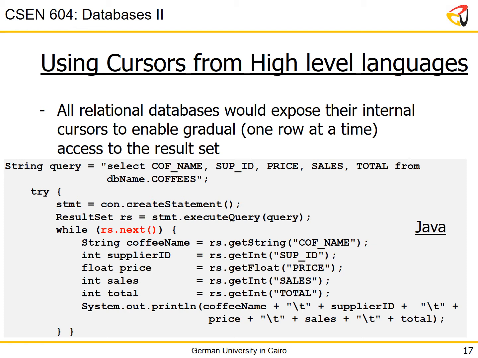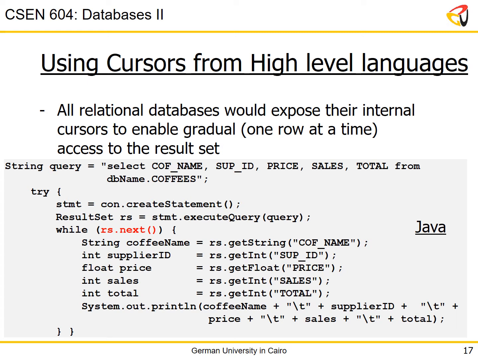Because what you're doing is you're saying, I want the next row. This is rs.next. Next here is the iterator's get next call. So you read one row. And if you keep going on, yeah, sure, you will get the 1 million, but row by row. And the good thing about that is you're not going to force the database engine to load all the 1 million rows into memory in one shot. Okay, at least not using this way.